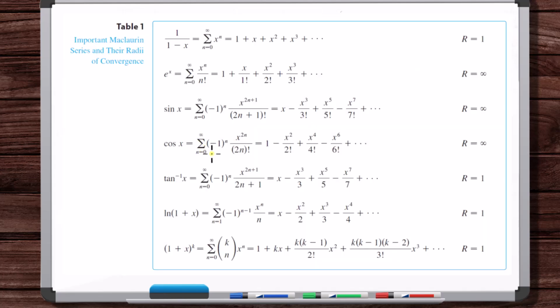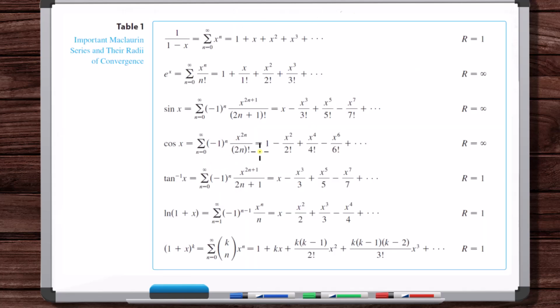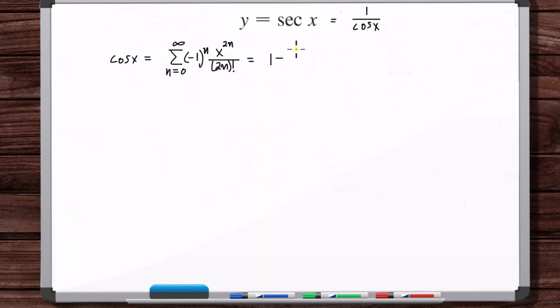The sum from n equals 0 to infinity of minus 1 to the n times x to the 2n over 2n factorial, which is equal to 1 minus x squared over 2 factorial plus x to the fourth over 4 factorial, etc. Okay, so we want to divide 1 by this power series.